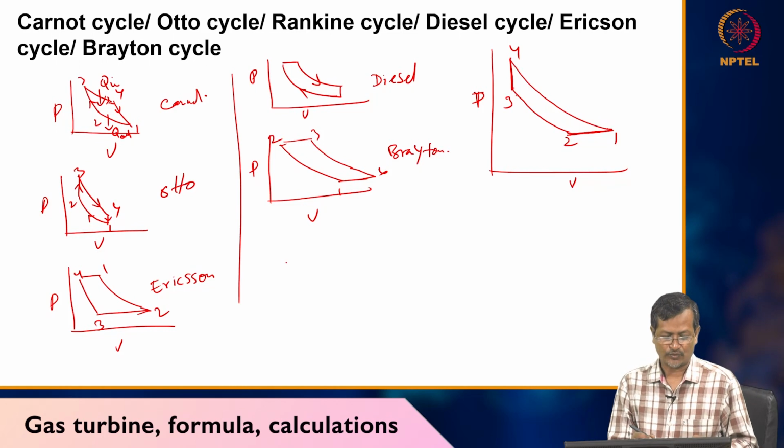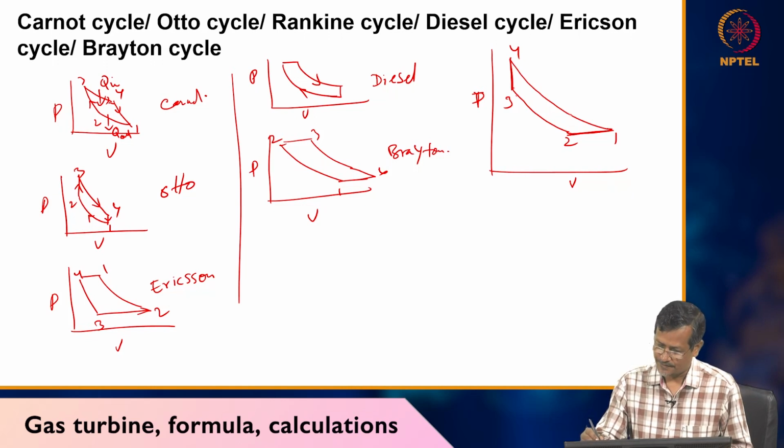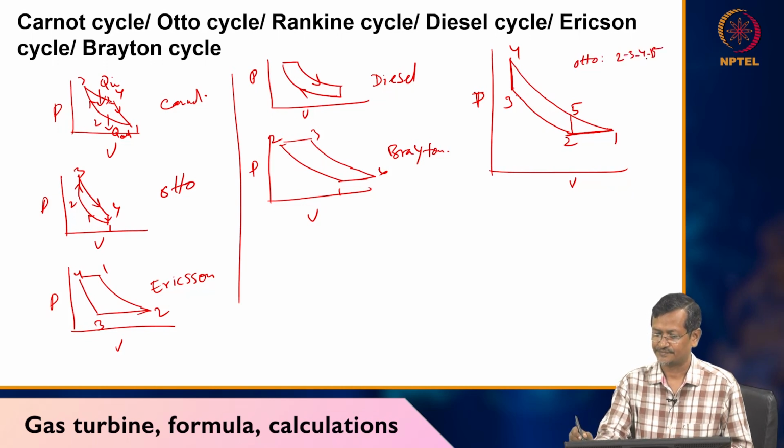Now if I want to draw the Otto cycle from this one, I will have the 2 to 3 process, 3 to 4 process. So the Otto cycle here is 2, 3, 4, 5, correct?